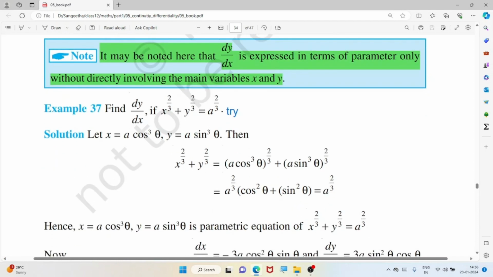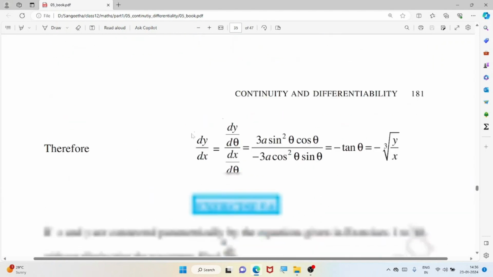So this is the example, x power this, y power this, a power time, let x, y, then this is the thing.